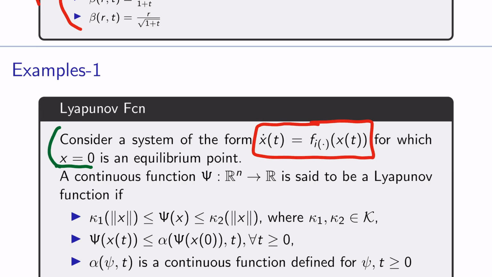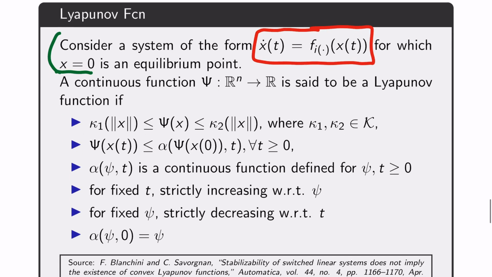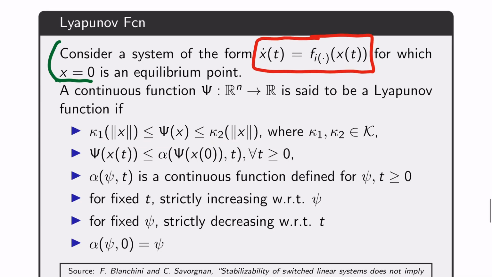So this is the plant, and a continuous function psi from Rn to R is said to be a Lyapunov function if these conditions hold. First of all, this is the boundedness condition, where K1 and K2 are class K functions.